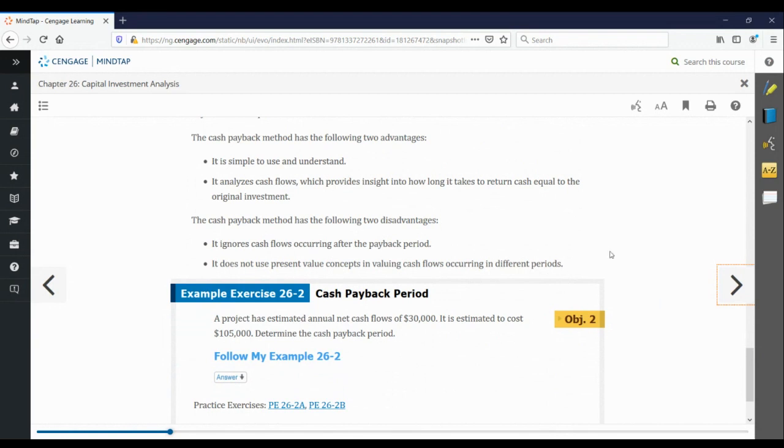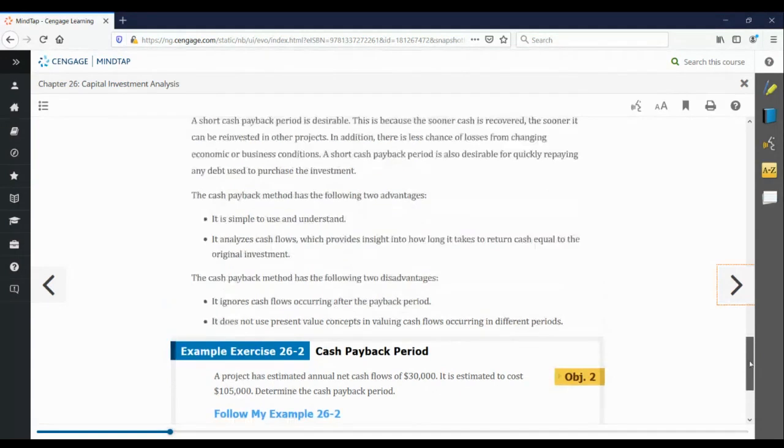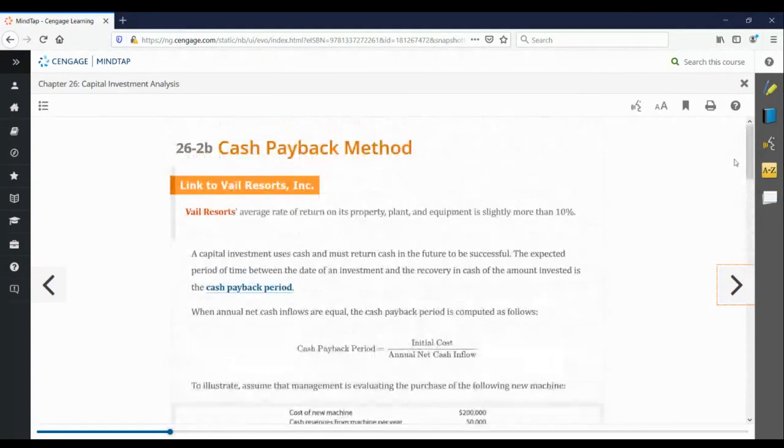But what we would do as a company is evaluate our investment first by using the rate of return method, the average rate of return method. If it passed management's approval, then we would subject it to the cash payback period.